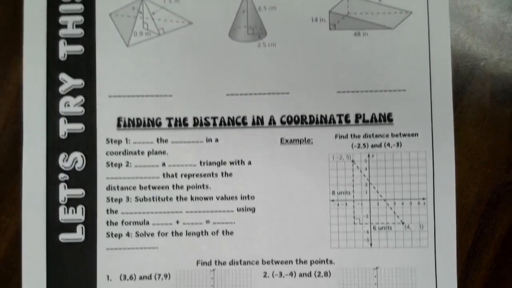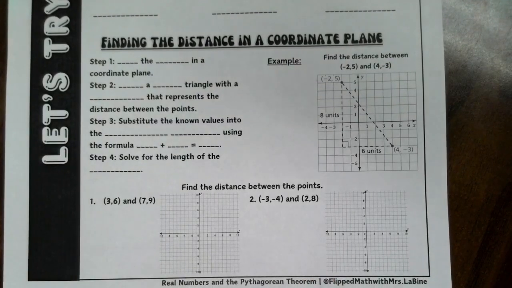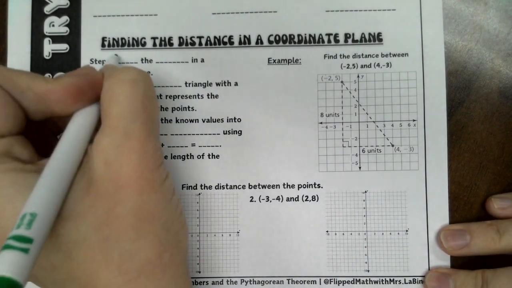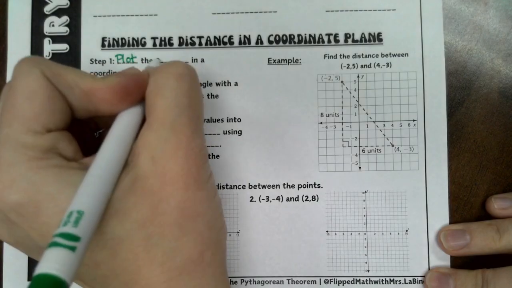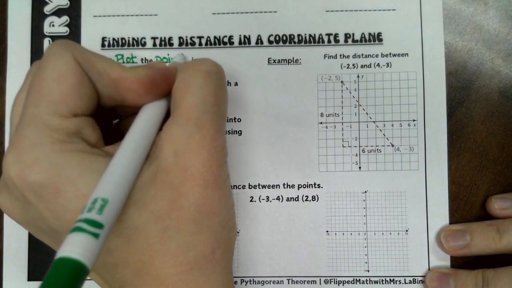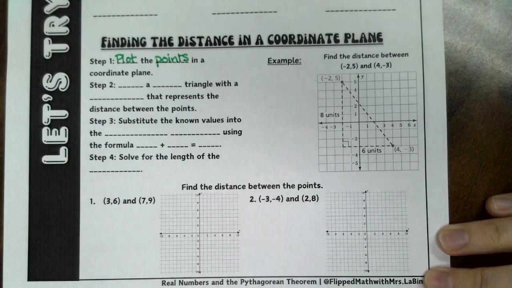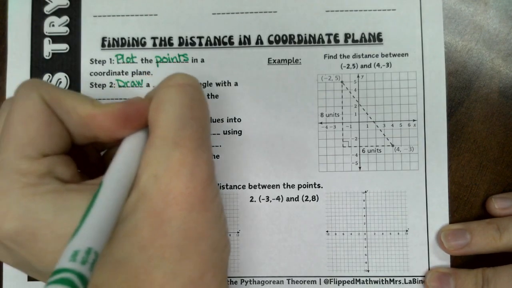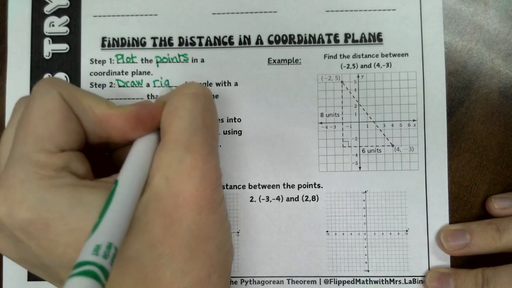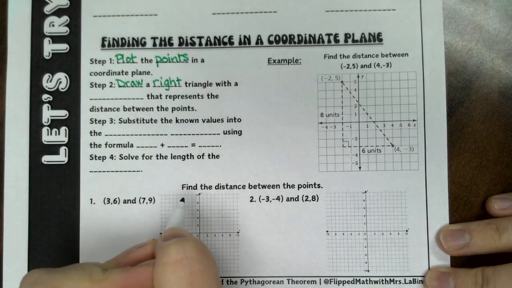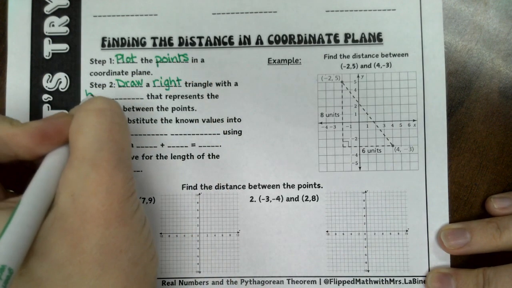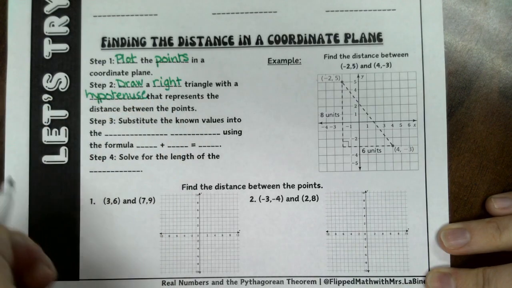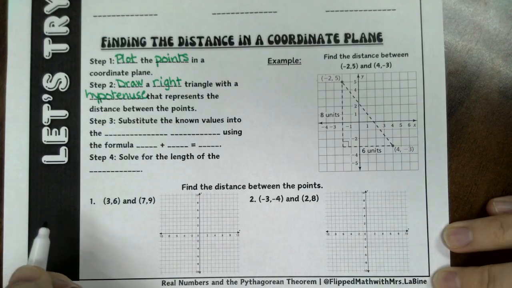Okay, so then our last section is finding the distance in a coordinate plane. First step, you need to plot the points in a coordinate plane. Your second step is to draw a right triangle with a hypotenuse that represents distance between the points.